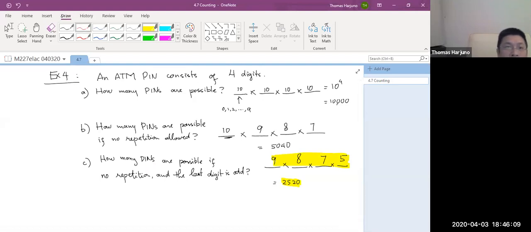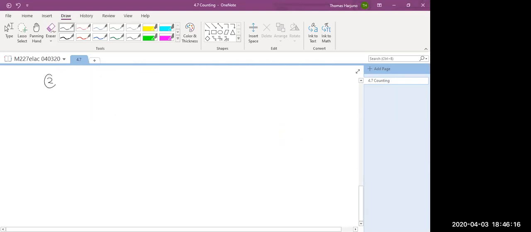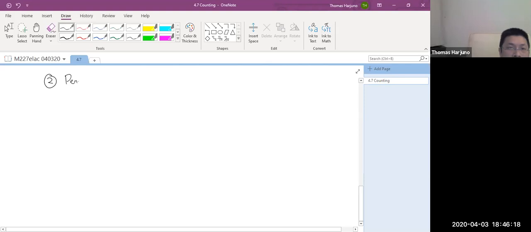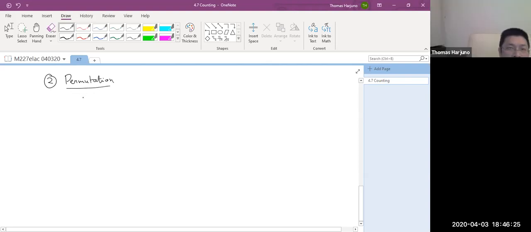Let's go on to the second part, which is permutation. Now, what is permutation? Let's see the scenario. You have one box or only one category with n distinct items.